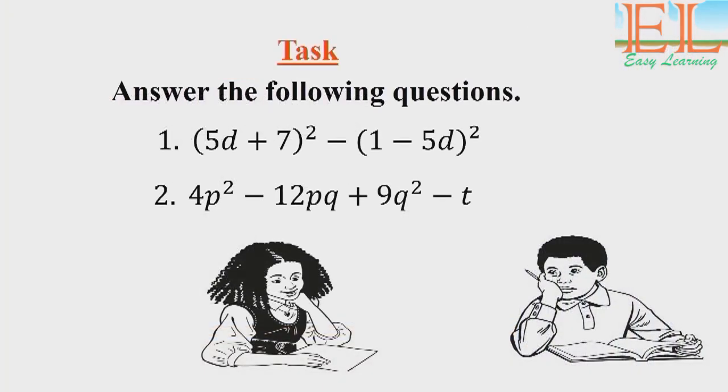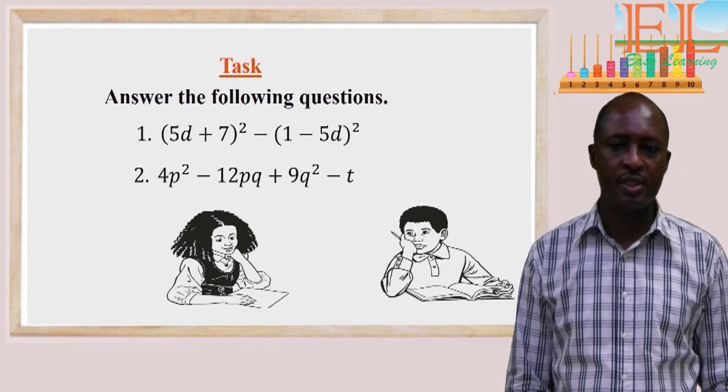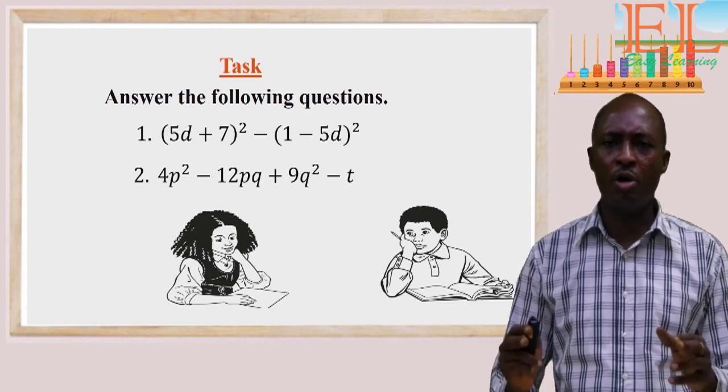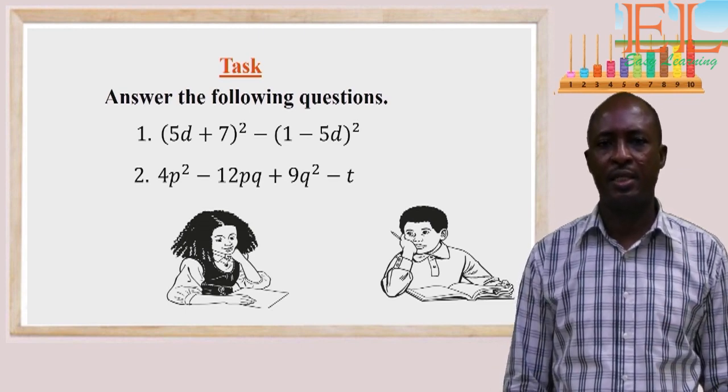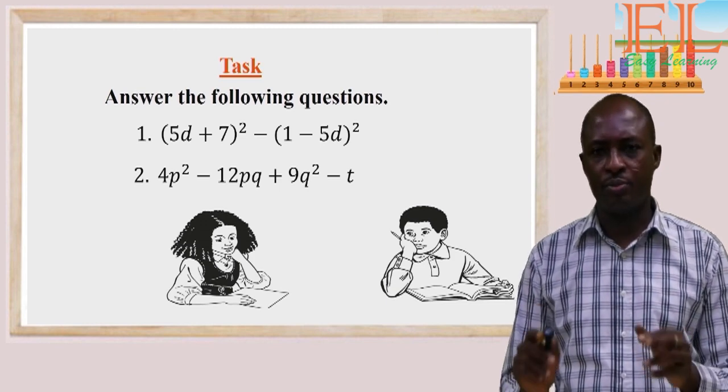Then 2. 4p squared minus 12pq plus 9q squared minus t. Do this exercise with your friends and look for more of such exercises from other books to complement your learning.